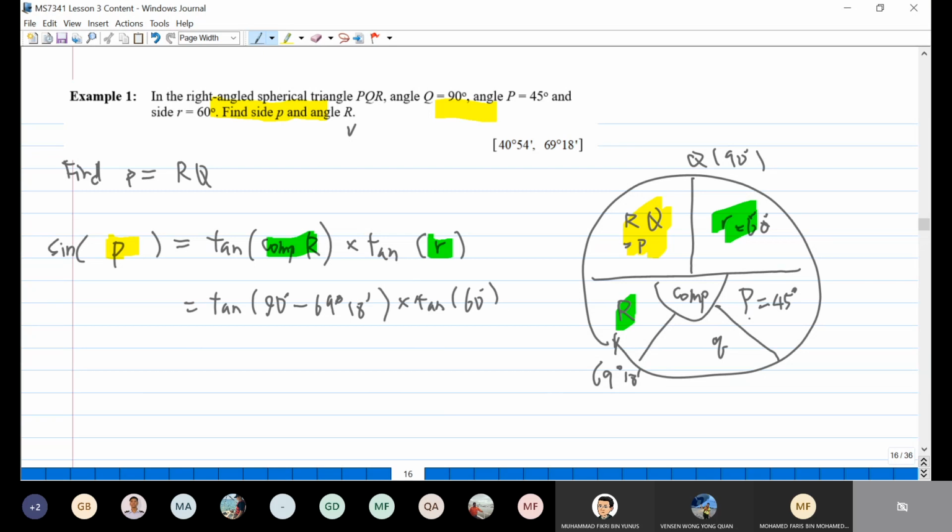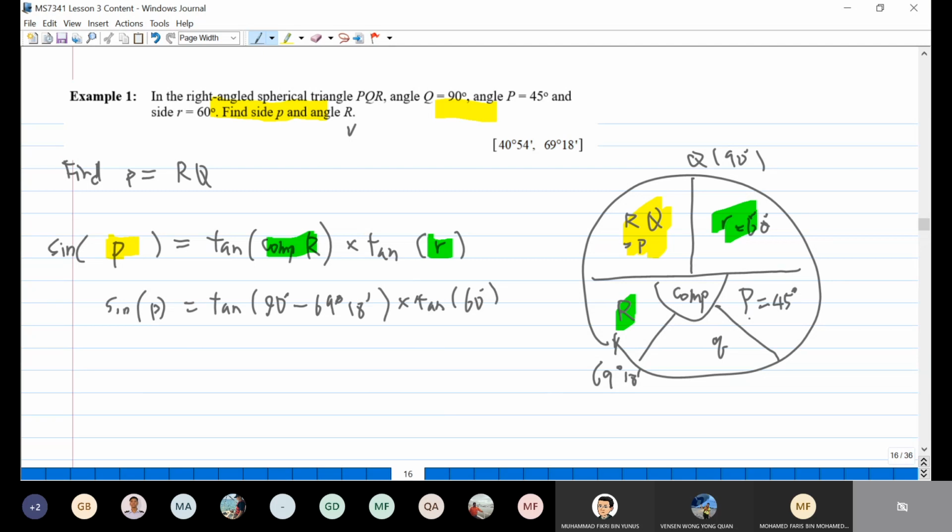So you can press the calculator to find out what sine P is, right? So we get tangent of 90 degrees minus 69 degrees 18 minutes, press the calculator, times tangent of 60 degrees.